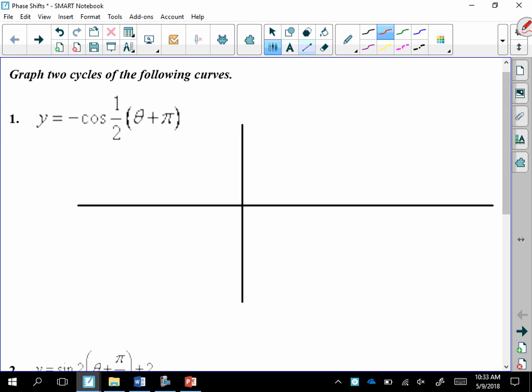But before we start graphing it, let's start identifying some information that's going to help us for this particular function. What's the amplitude? 1. All right. What is the period? 4 pi, because we're going to do 2 pi over b.